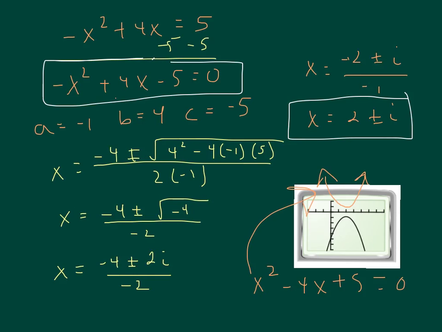That would have been this version here. So either way, it either opens up with a positive 5 y-intercept not touching the x-axis, or it opens down with a negative. So you'll get the same x-intercept or imaginary intercepts values.